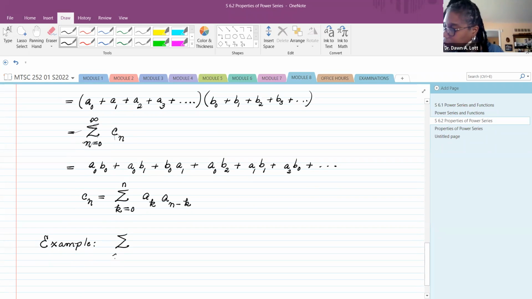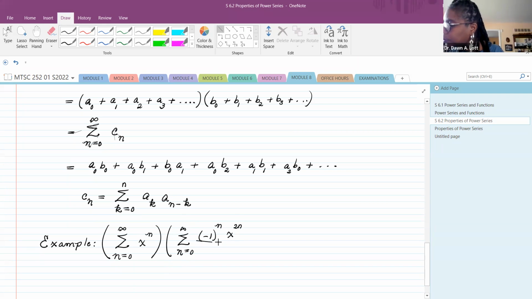Sum n equals 0 to infinity of x to the n times the sum n equals 0 to infinity of minus 1 to the n x to the 2n over n factorial. Okay.